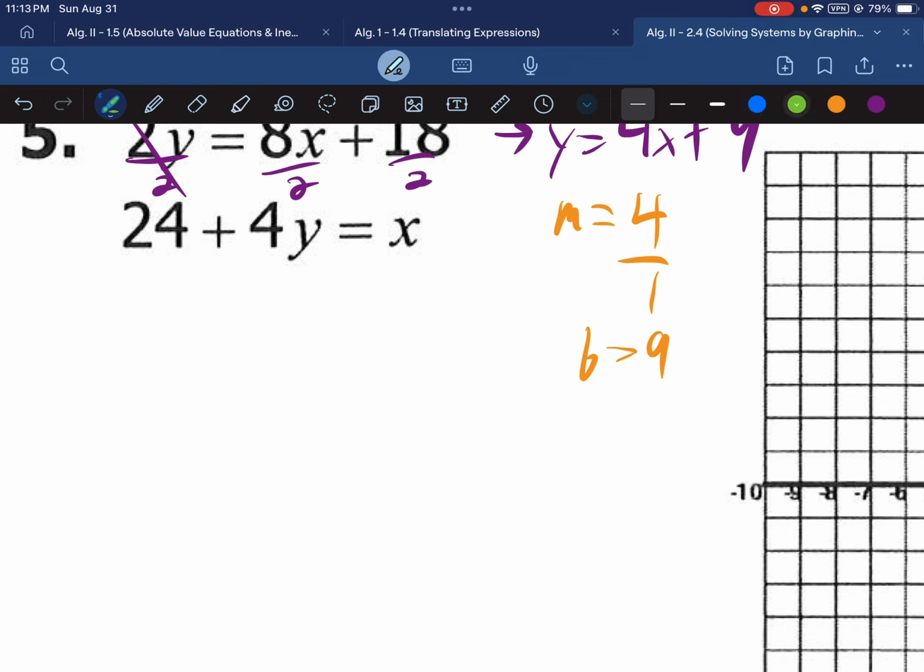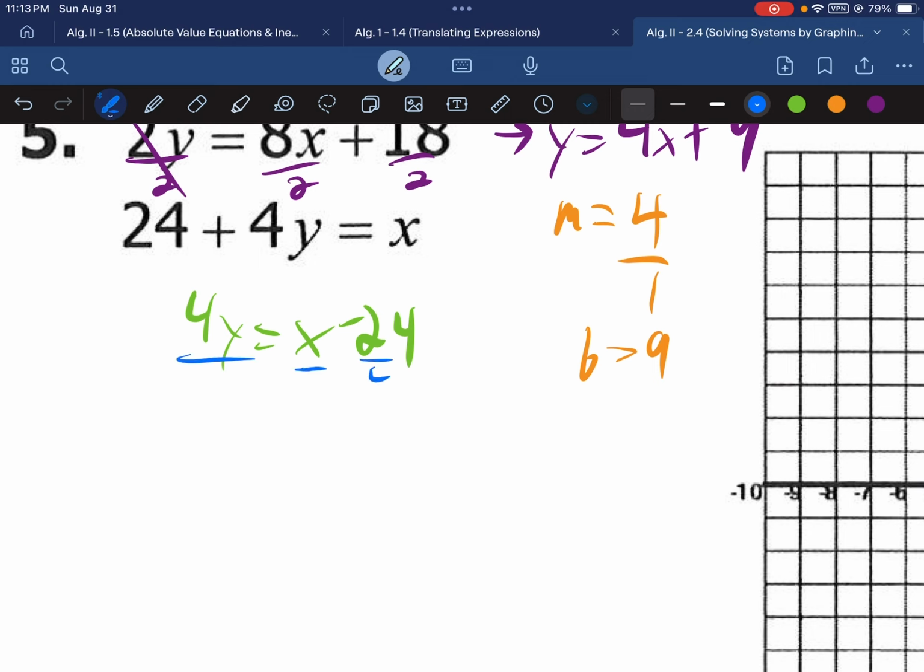The other one, in order to get the y by itself, I'm going to subtract x from both sides and get 4y equals x minus 24. I put that x first because I do need the y equals mx plus b, so the mx needs to come first.